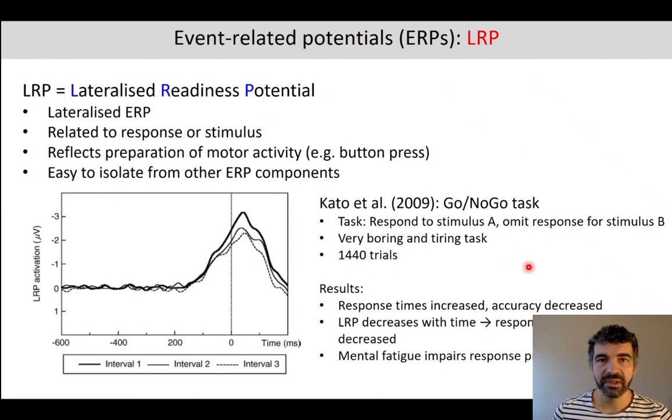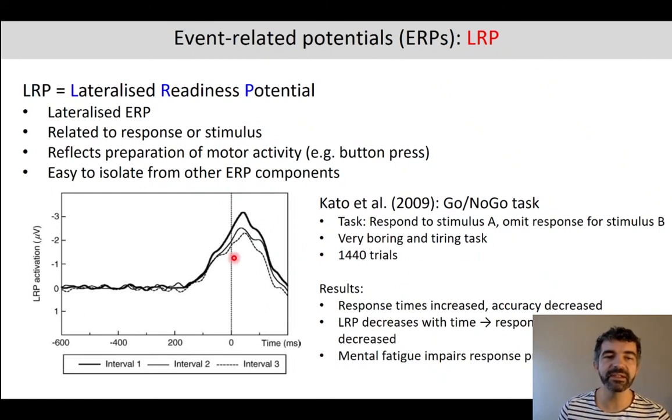Here you can see an example where the LRP was used in Kato and colleagues 2009. They had a go, no-go task, which is a task where you only respond to one stimulus and omit the response for another stimulus. They made this task particularly boring and tiring and also long, 1,440 trials.